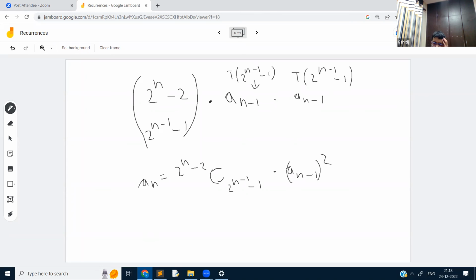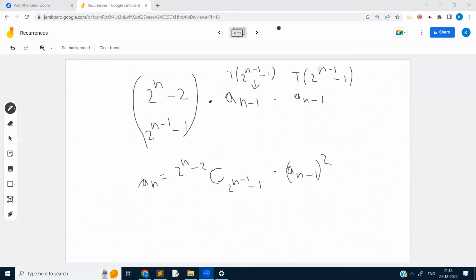So did everyone understand the recurrence? How this recurrence works? If you have any question, you can ask. This was the main part of the problem.